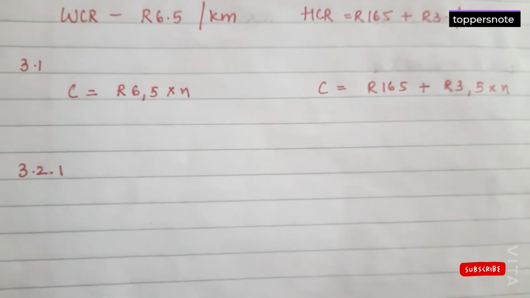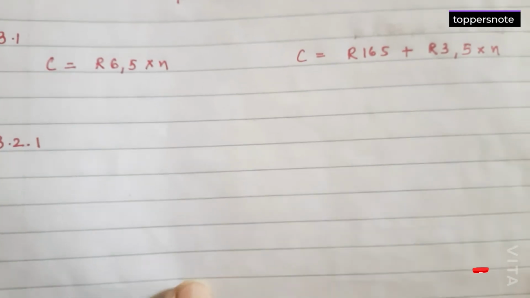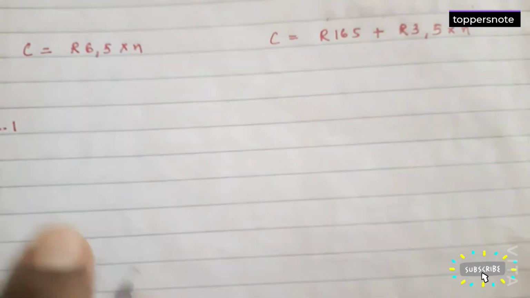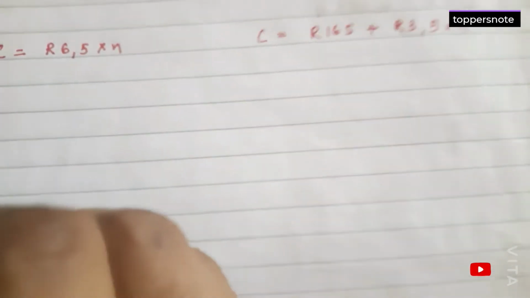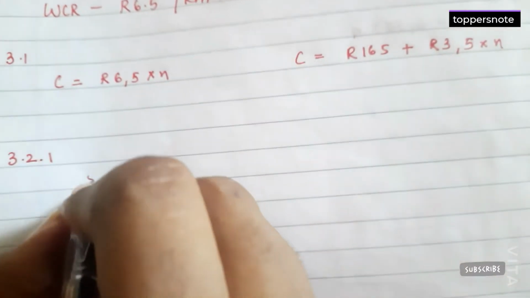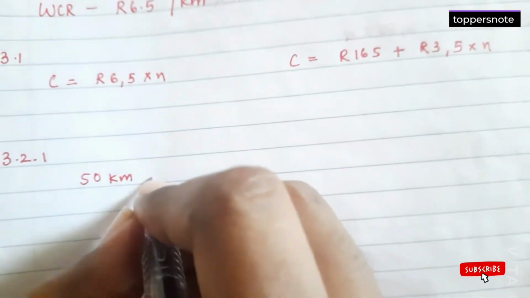Now guys, you have seen the question. Now you have to find A, which is the cost for 50 kilometers in WCR.